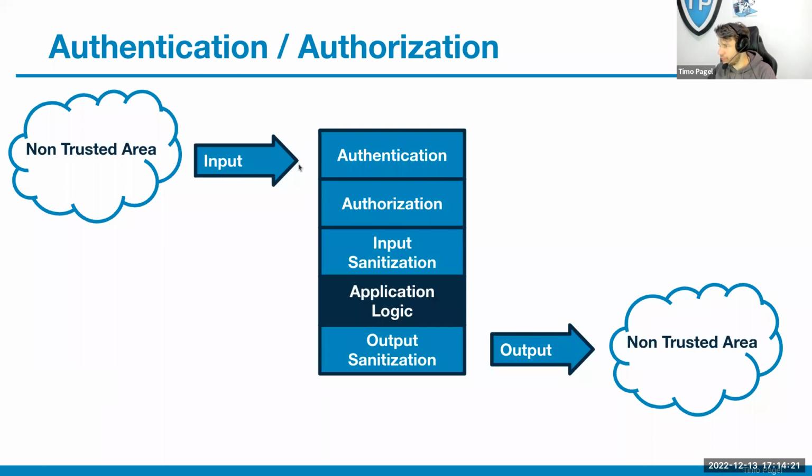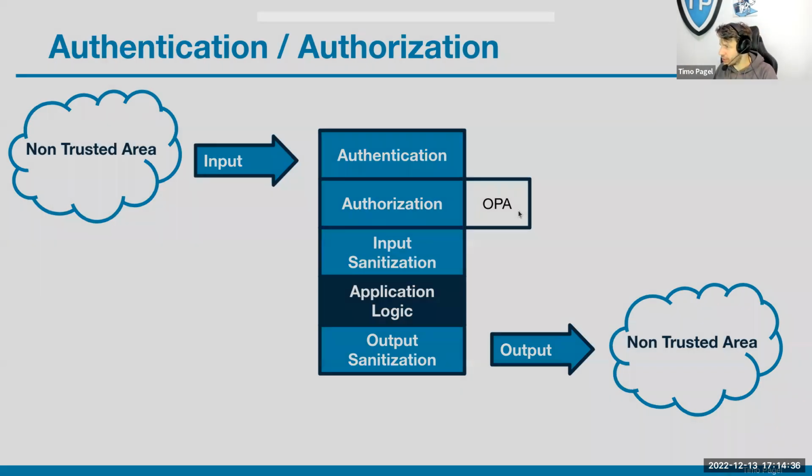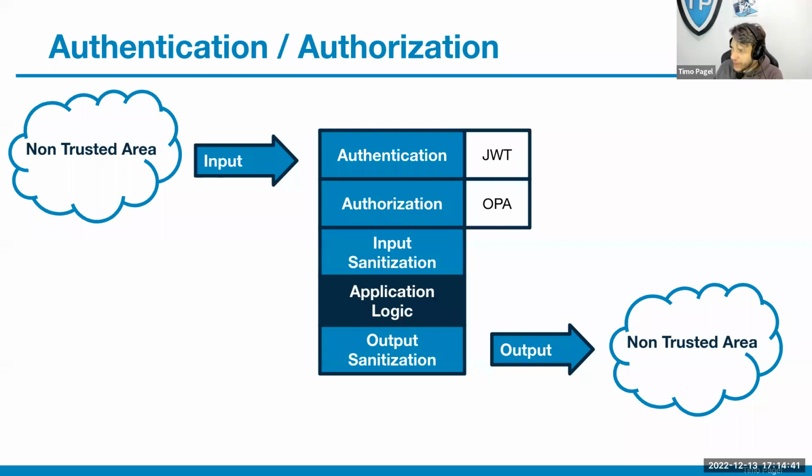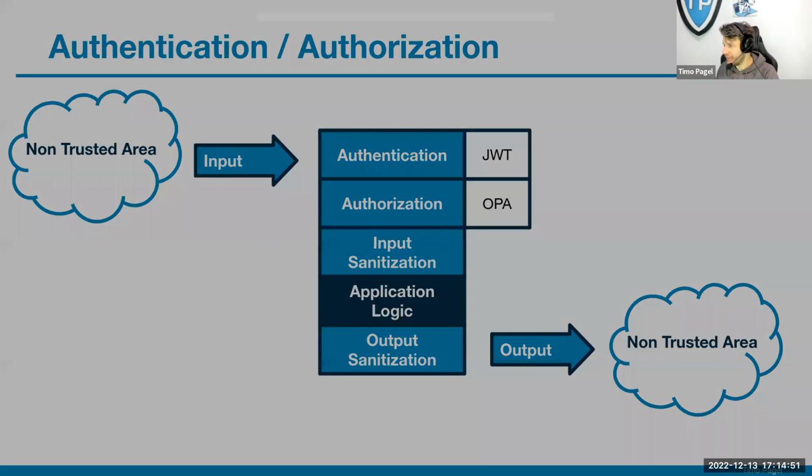So you have input, then comes authentication, authorization, input sanitization, application logic, output sanitization, and the output. What I assume here is that you do the authorization with OPA, and the authentication kind of lies in the access token. So we have a trust relation to the identity provider, and that means that we have kind of the authentication as an access token.